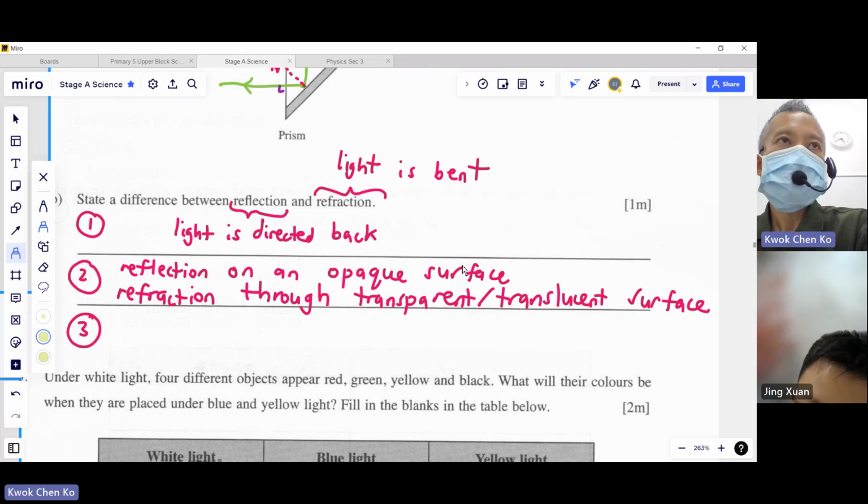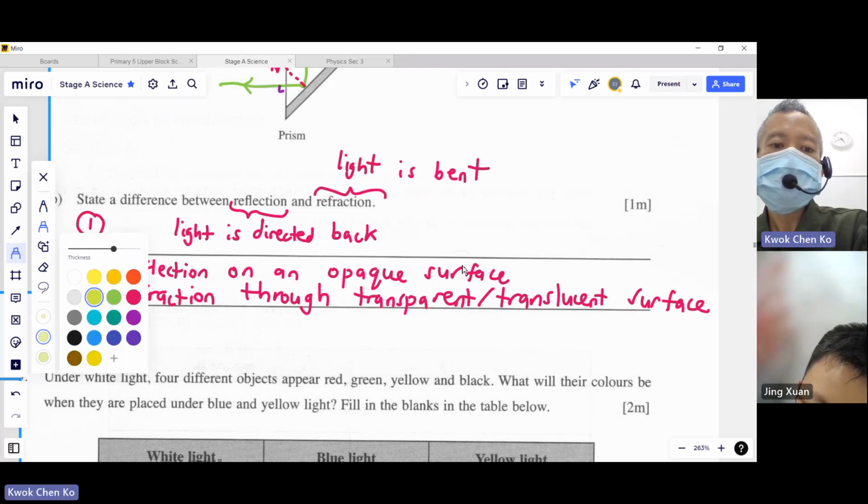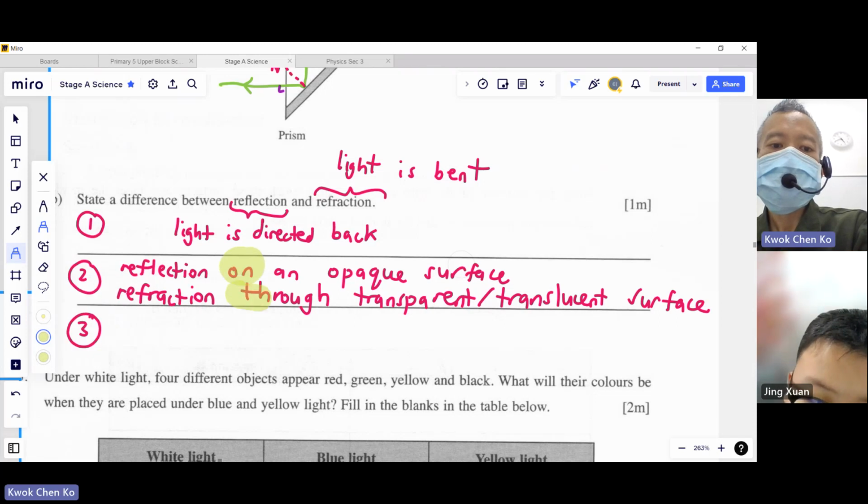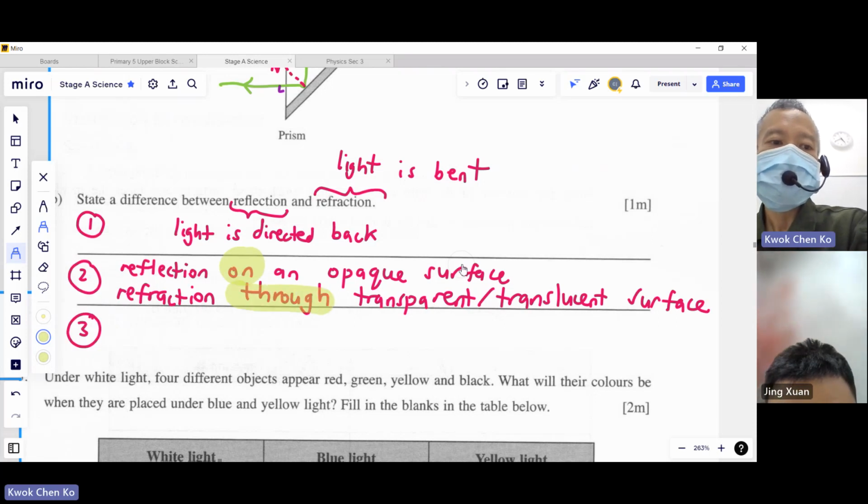Reflection doesn't go through, it just stays.